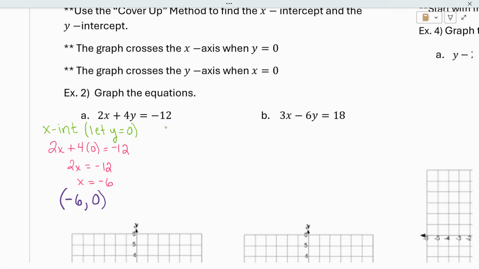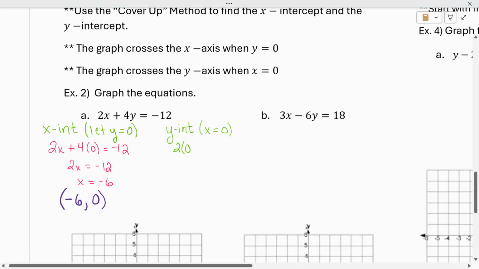Now I want to find the y-intercept. And I know the y-intercept happens when x equals 0. So I have 2 times 0 plus 4y equals negative 12. But what is 2 times 0? 0.